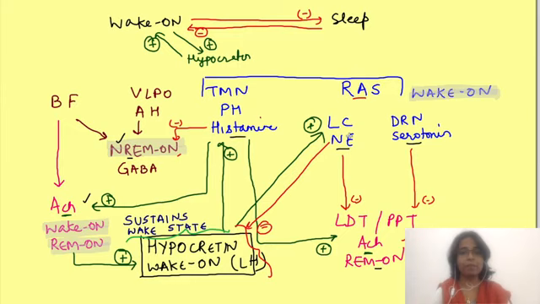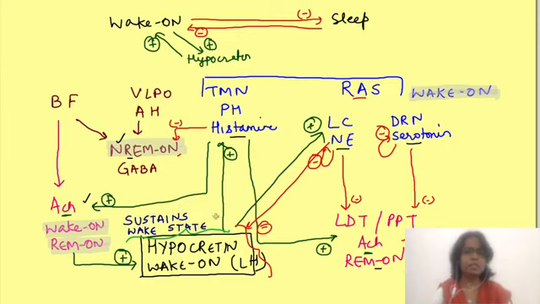Also, these norepinephrine and serotonergic neurons tend to inhibit themselves too. So, their inhibition on hypocretin wake-on neurons will not be that effective during the wake state because they are inhibiting themselves. So, till the time this effect is powerful, the wake state will be maintained. Now, for the initiation of sleep, basically two things can be done.